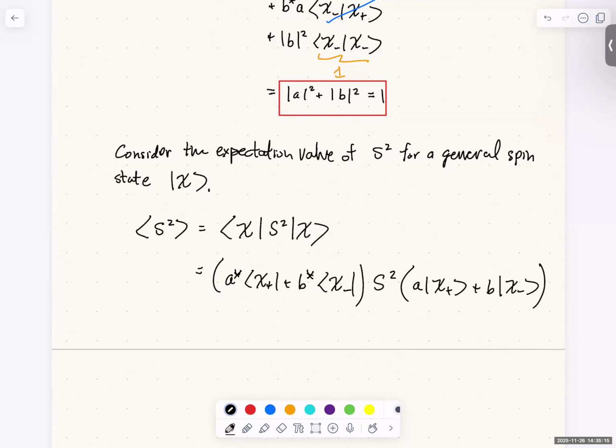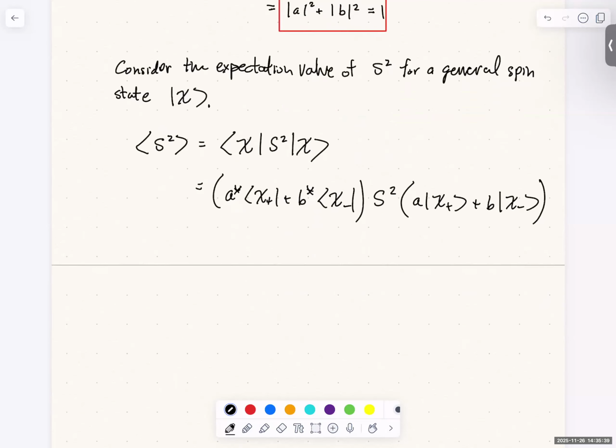Now I know that we could just write down this answer pretty quickly because we already know the eigenvalues of s squared acting on these states. It's h bar squared, s times s plus 1. But to help us understand a future step, I'm just going to write out all these terms.